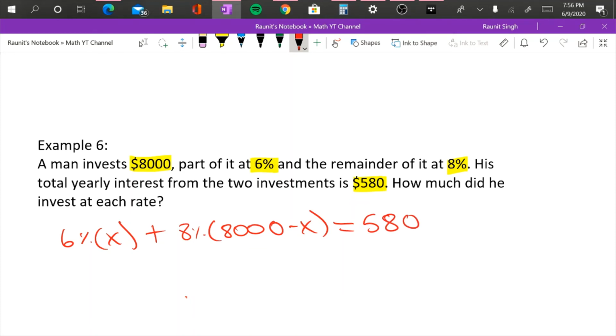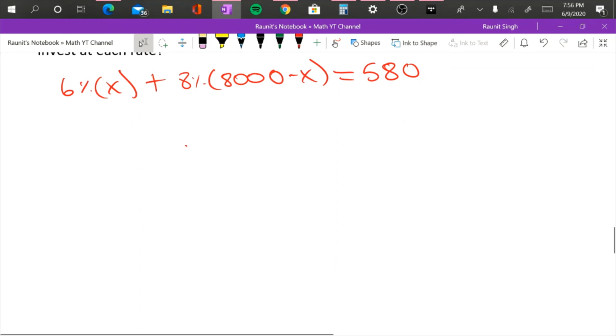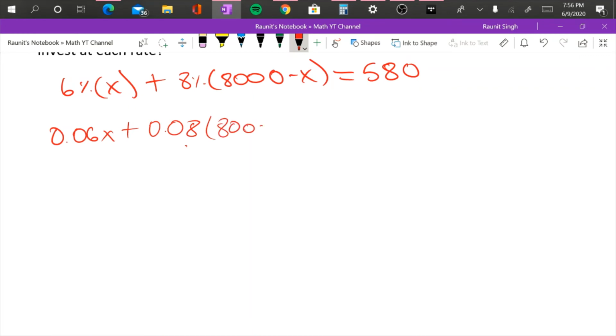So we're going to turn it into decimals, because before I turned it into a fraction instead of a decimal, and this chapter is really about decimals. So you have 0.06x plus 0.08 times 8,000 minus x equals 580.